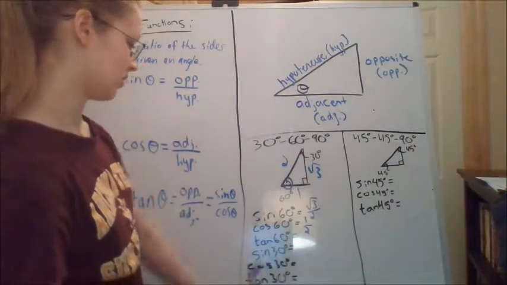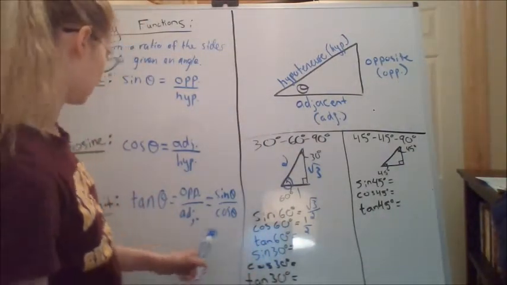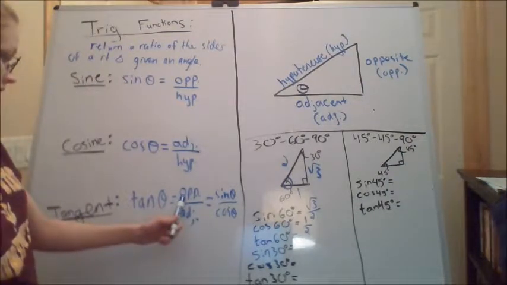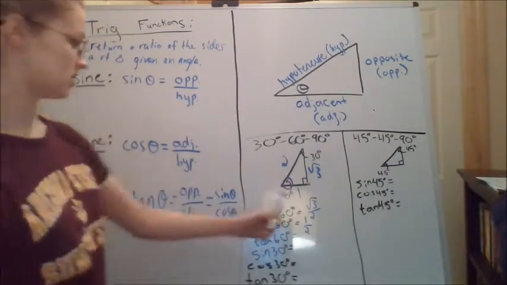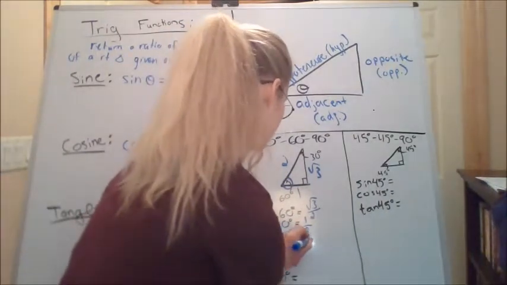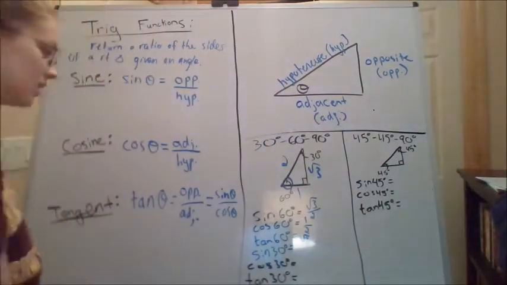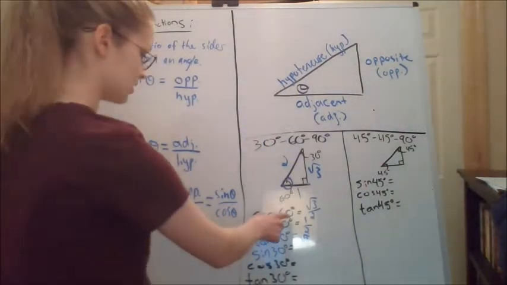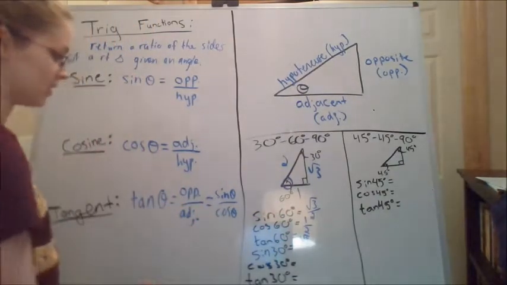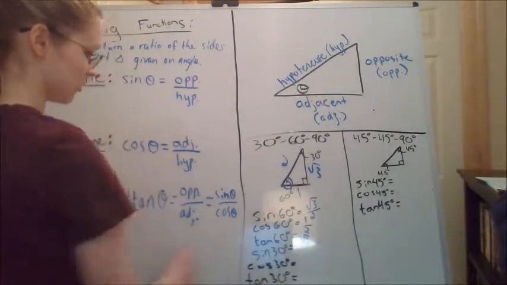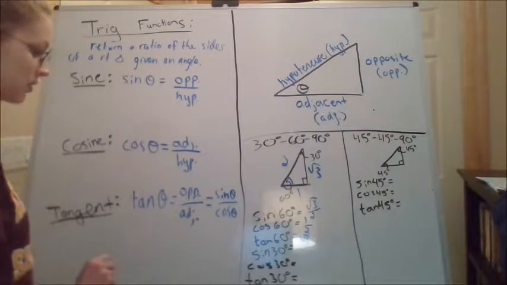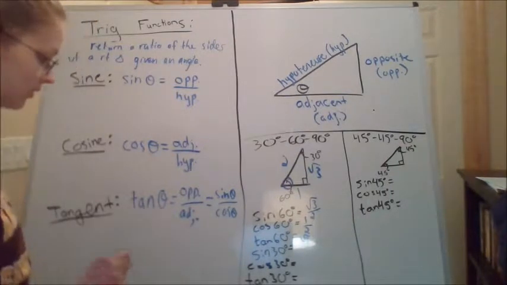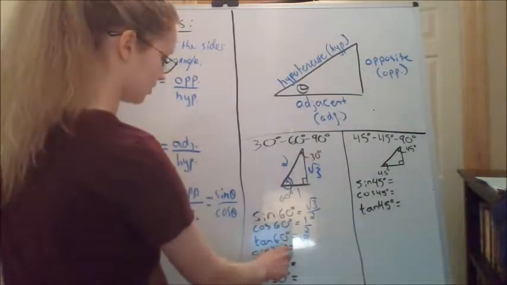Lastly, we have tangent of 60 degrees. We take our opposite side divided by our adjacent side, and we get simply the square root of 3. And we see that if we take the sine of 60 divided by the cosine of 60, we also get tangent of 60. So that works out nicely. Next we'll look at the 30 degree angle.